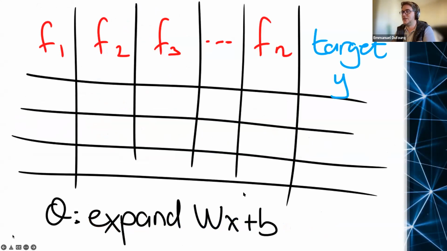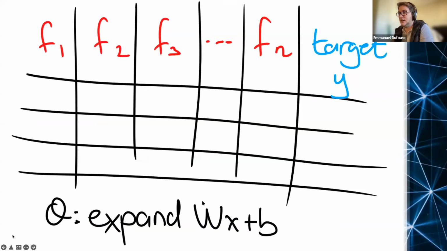So if we had a data set that looked like this, where we have feature 1, feature 2, feature 3, and so on and so forth until feature n. So now we have n features and we have our target y. We can expand wx plus b.